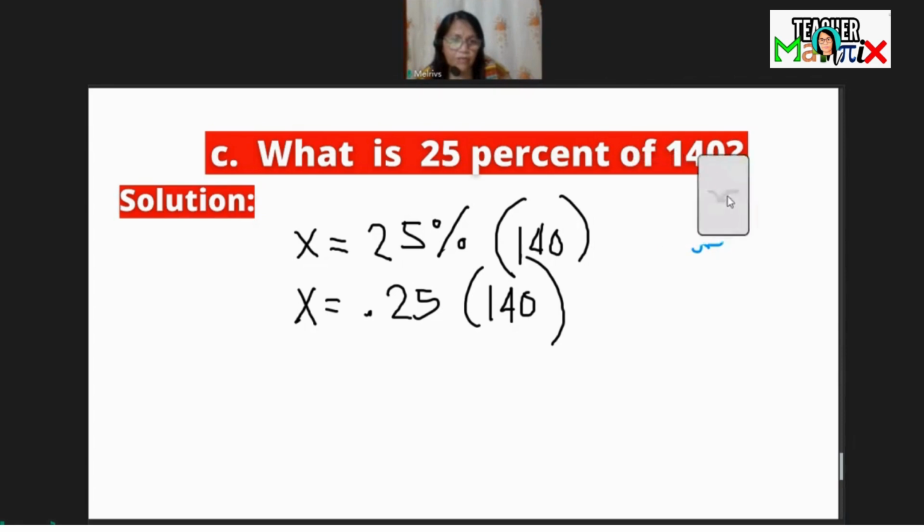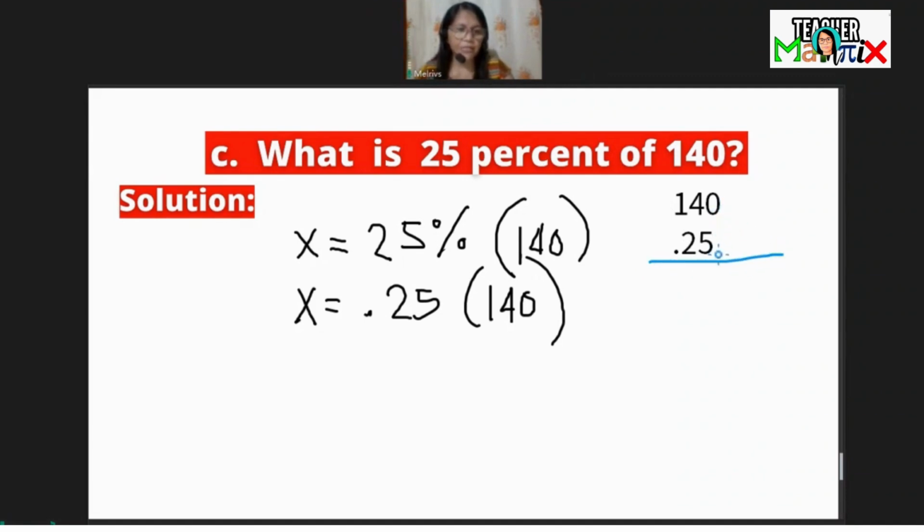Let me repeat. 140 times 0.25. Okay, let me solve.